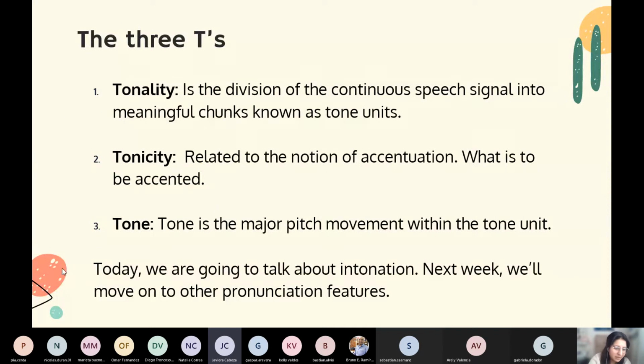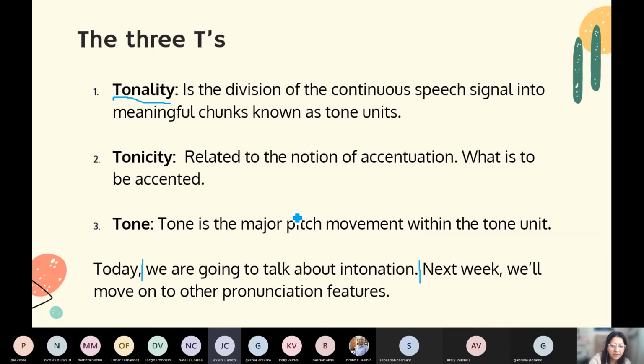And now on the screen appears a sentence at the bottom, and I want to change the color so you can understand what I mean. So here we have tonality. Tonality is about the chunks that we create, or the division.